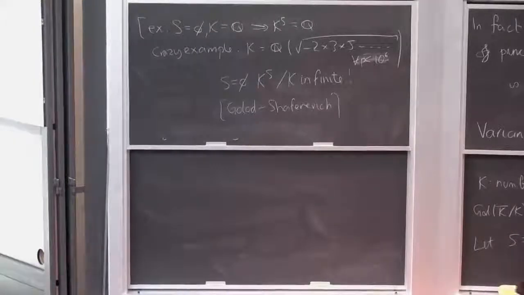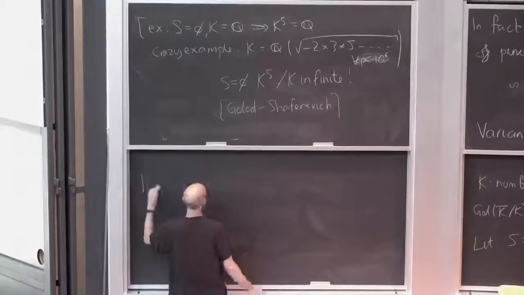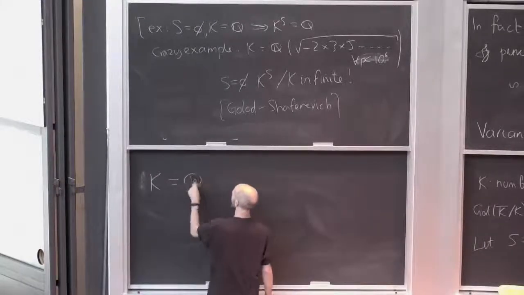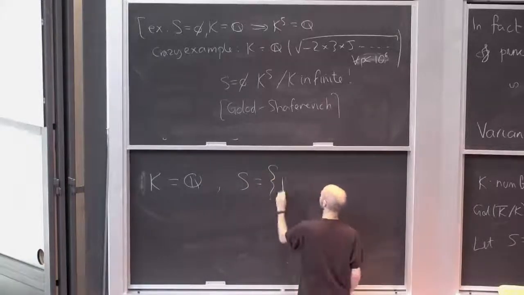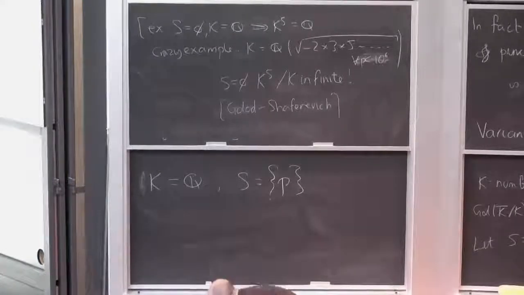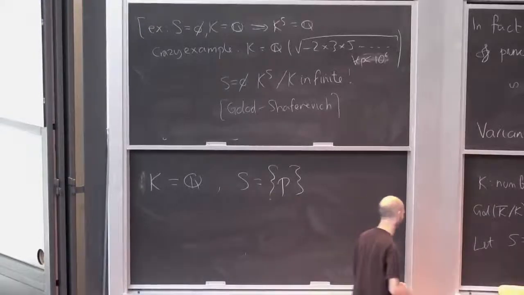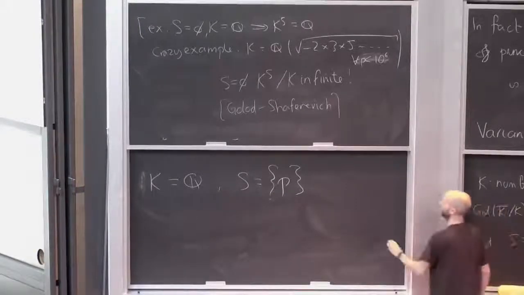Anyway, let's do a much more sensible example. Here's another example that I can't particularly work out. Let's do K as the rationals, and let's just let S have one prime here, right? So I'll look at extensions of Q, and they have to be unramified outside P, some fixed prime.